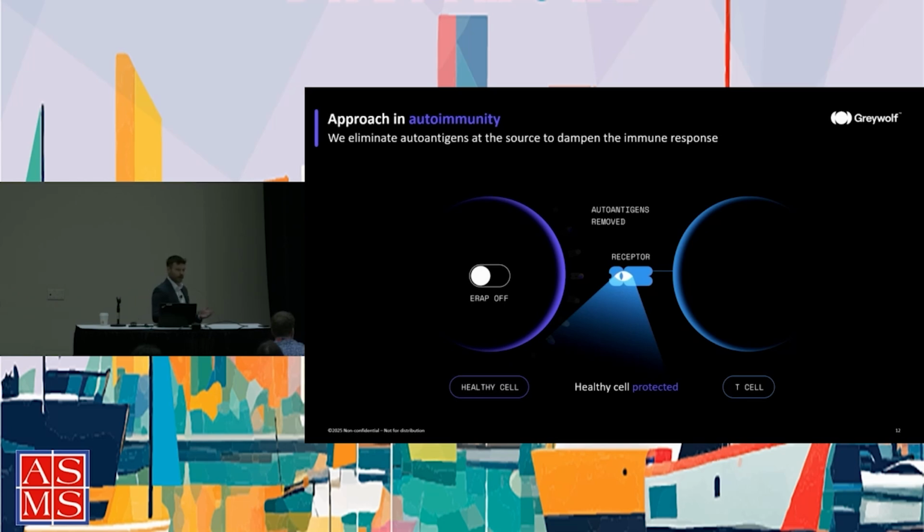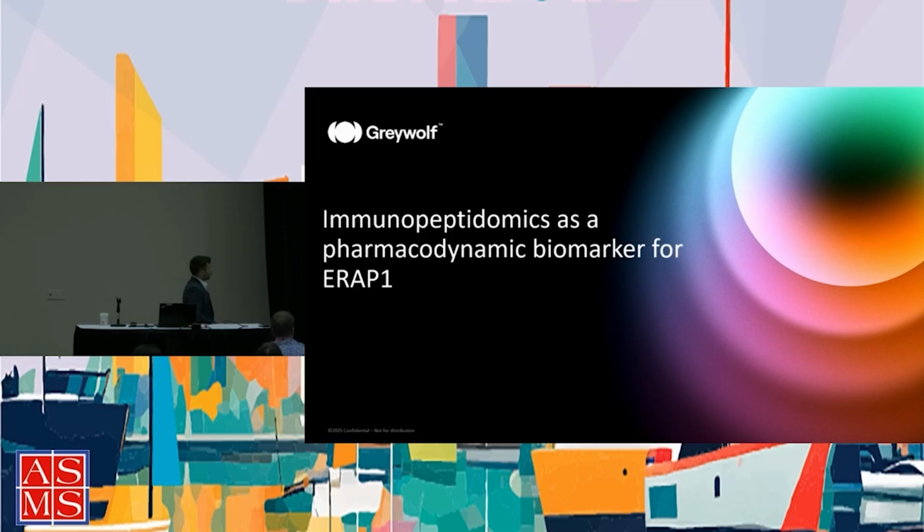So we can play in 2 indication areas here, both oncology and autoimmunity. So 2 stories today. First one being around ERAP1, and then I'll follow on with the story around ERAP2, but both of them are centric on how we've used immunopeptidomics to not only drive biological understanding, but also then to derive a pharmacodynamic biomarker that we now even use in clinic.